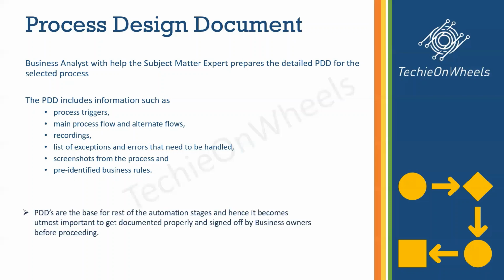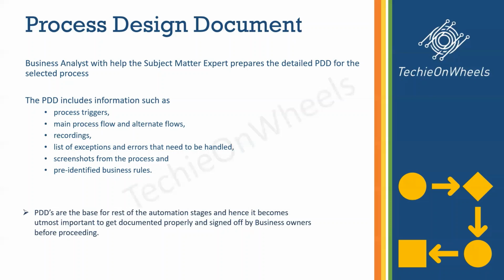This is where the detailed PDD is very important, because it is the base for the automation going ahead. The developer will refer to the PDD for automation. PDD is the base for the rest of the automation stages, and hence it becomes the most important document in the entire RPA lifecycle.